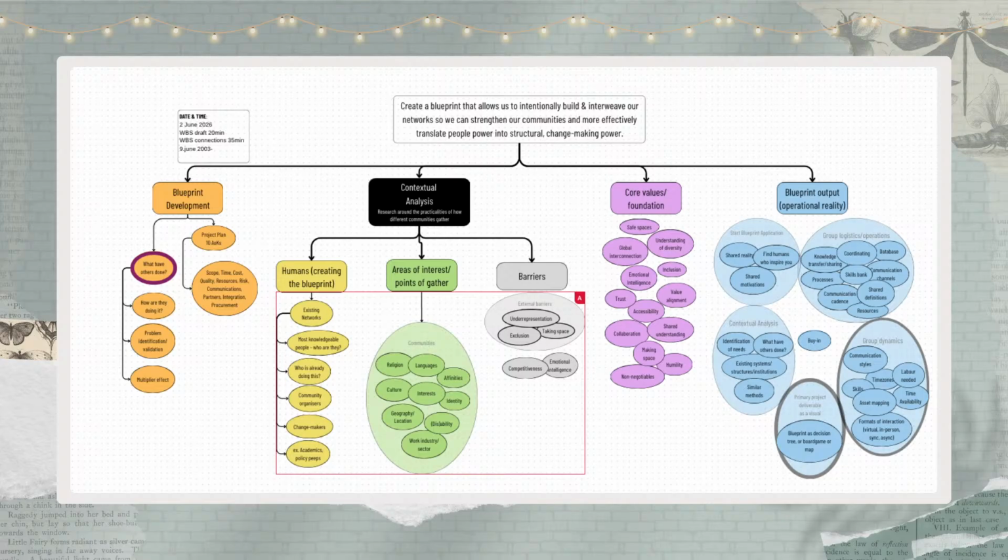Essentially, the contextual analysis is looking at different humans who are involved in building community and interweaving communities, looking at the different areas around which people gather, and looking at what barriers exist to people gathering. Correct. And then all the other elements are essentially just a bit of noise, because they'll be just lower details.